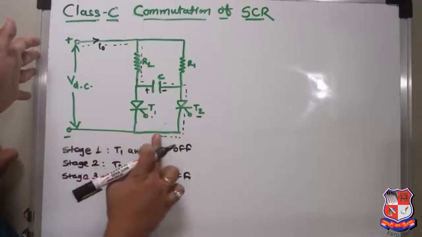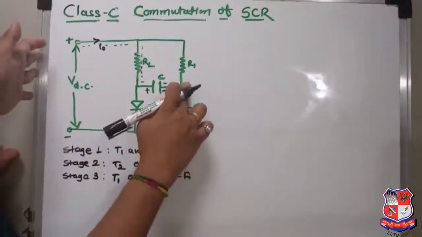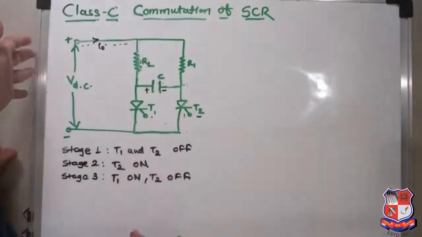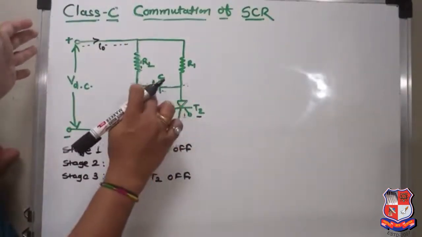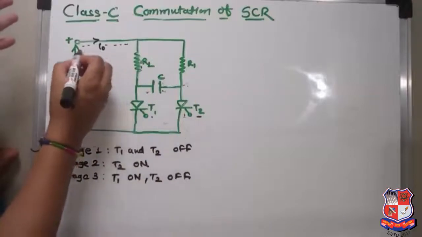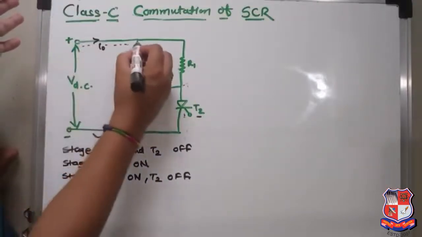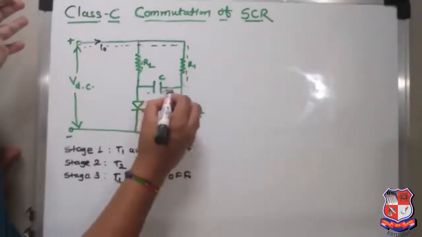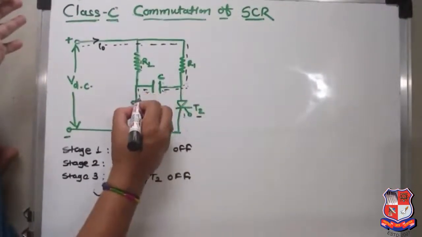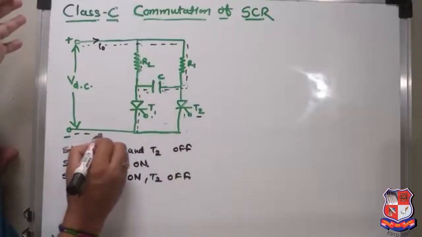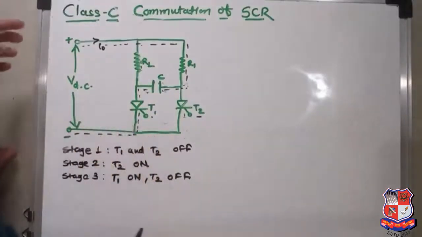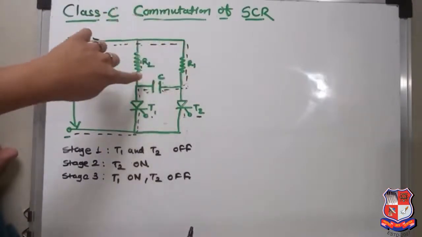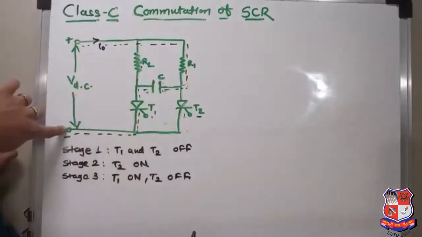Now when T1 is on, what happens? I0 flows from positive through R1, through the capacitor, through T1 to the negative. The path of the current is like this: positive through R1, capacitor, T1 to the negative.